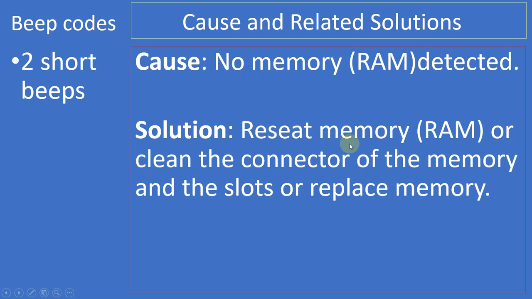To reset the RAM means that you remove the RAM and insert it properly, or clean the connector of the memory. Connector means the pins of the RAM memory. The slots are the RAM slots on the motherboard where the RAM is attached. Or replace the memory.